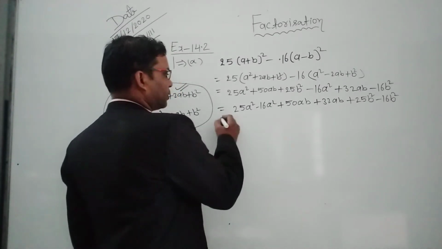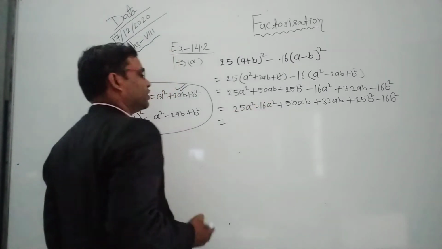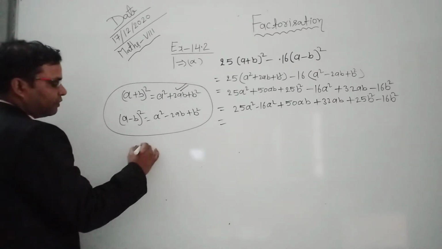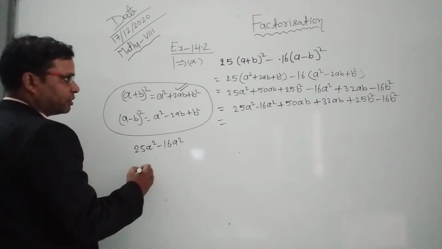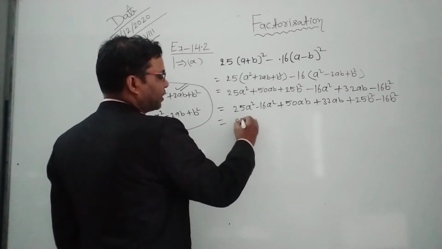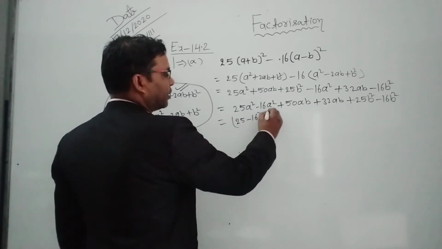Okay. So if you subtract them, 25 a square minus 16 a square, you can take common a square. So it becomes 25 minus 16 into a square.